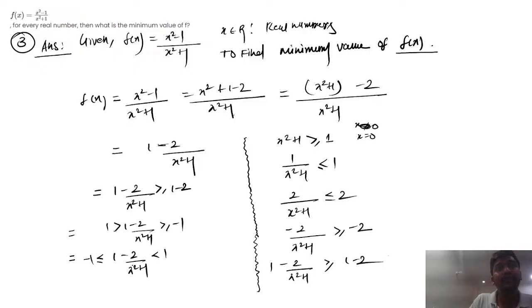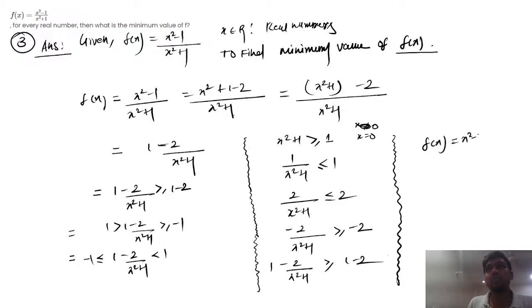So in the next slide, can anyone tell me why we have written that this value is always less than 1? See, in the right hand side, why we have written less than 1? So this is nothing but f(x), x square minus 1 upon x square plus 1. Now you put any value of x. Suppose we take 2.